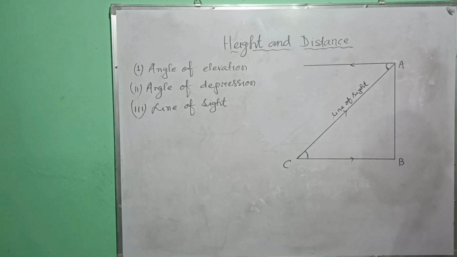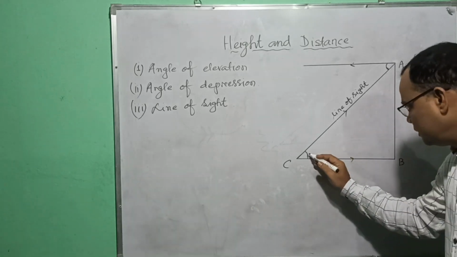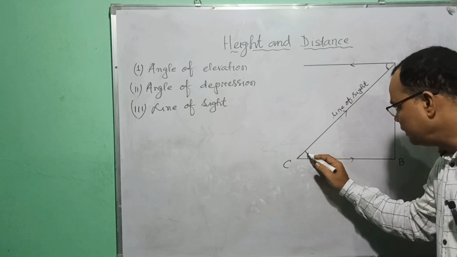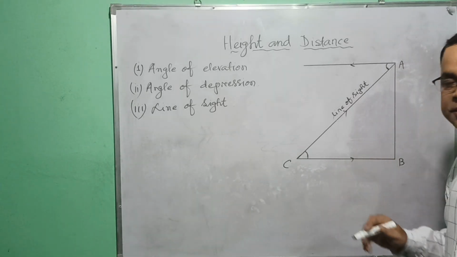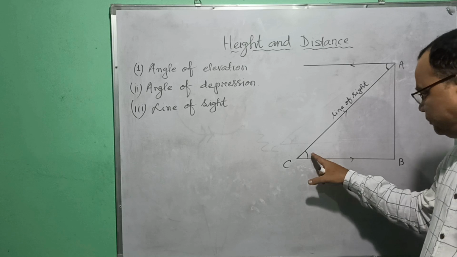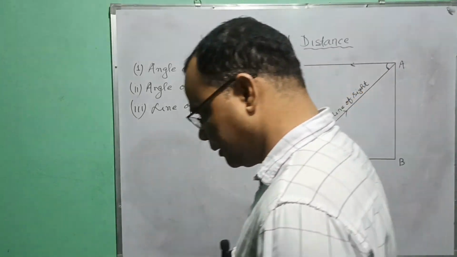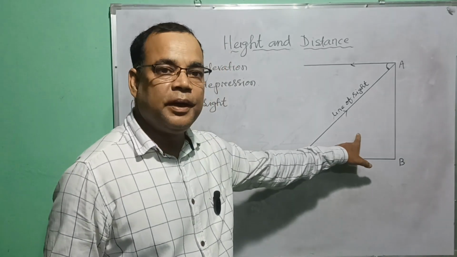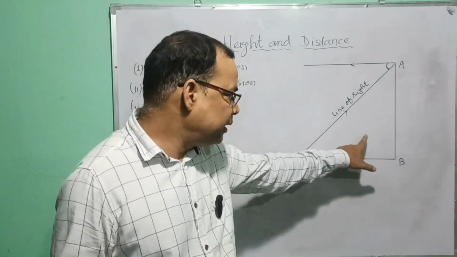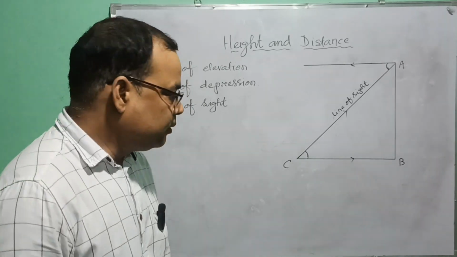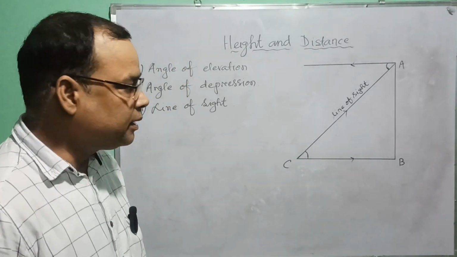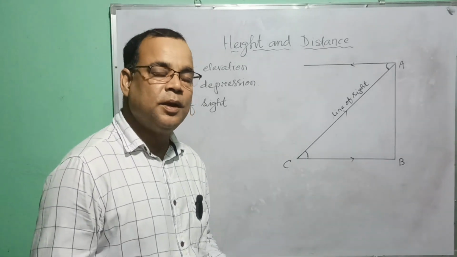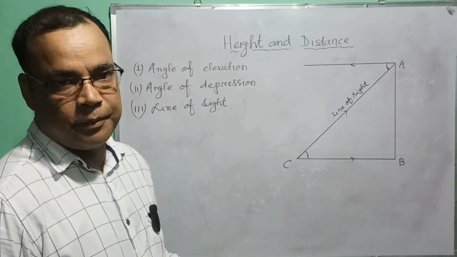If it is given, then we have to convert it in our given triangle as an acute angle, so that we can calculate it. Here it is always forming a right triangle, and in a right triangle we know different ratios are there, and with the help of these ratios we'll solve our given problem.